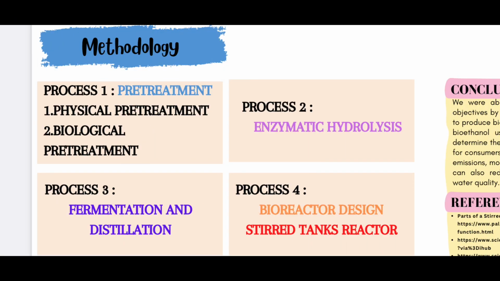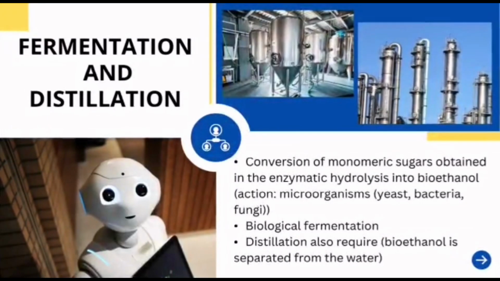The next one is fermentation and distillation. Conversion of monomeric sugar obtained in the enzymatic hydrolysis into bioethanol. Distillation is also required to separate bioethanol from water.